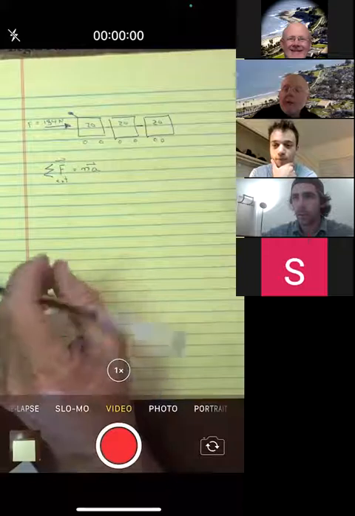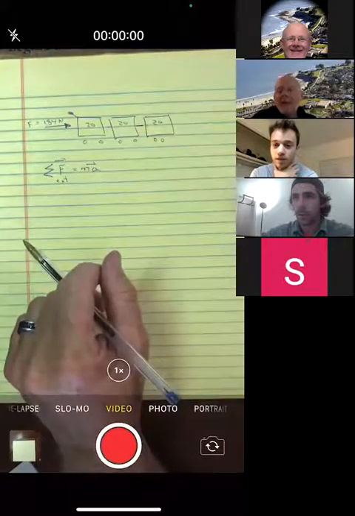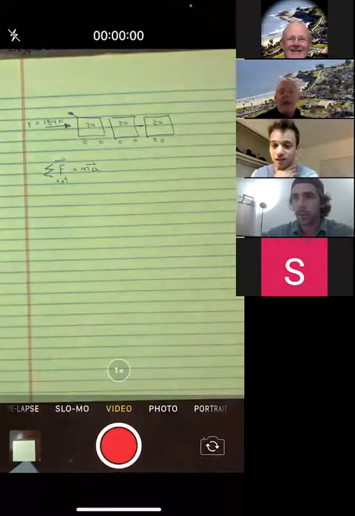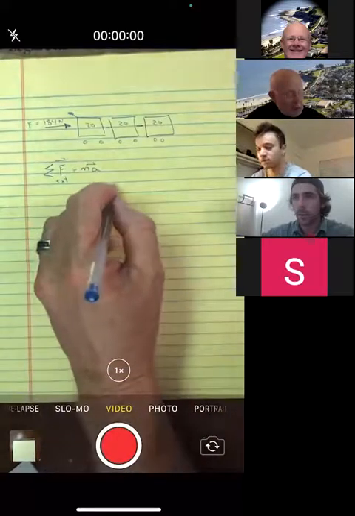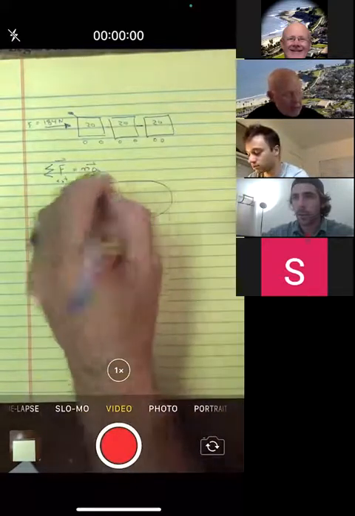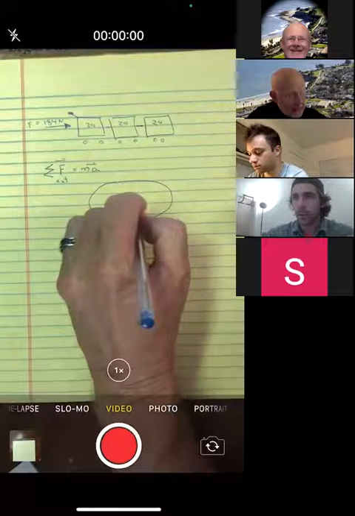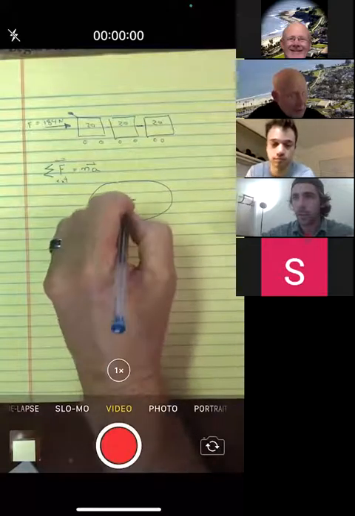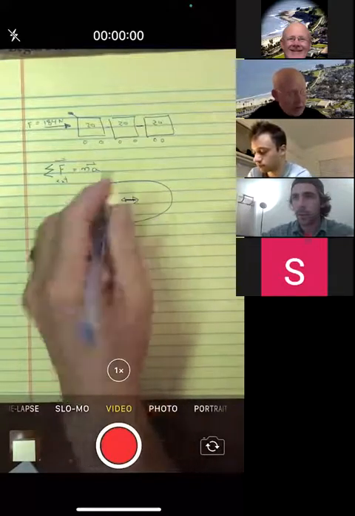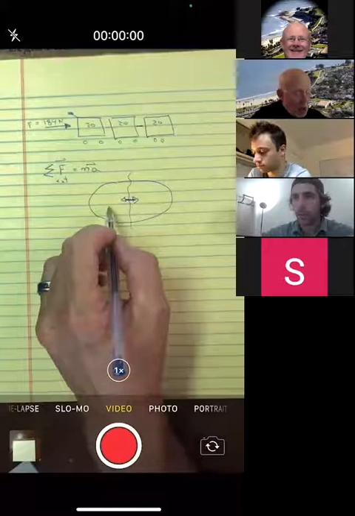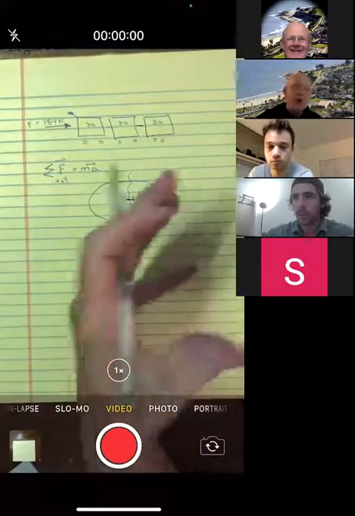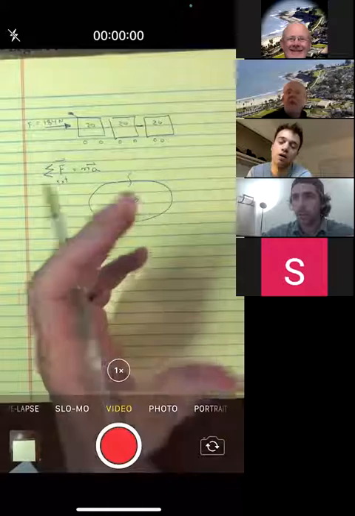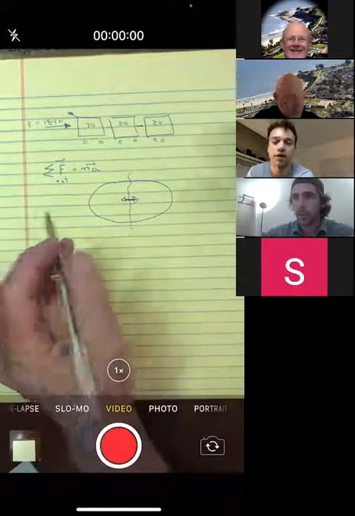Or rather, when you're summing all the forces, it's the exterior ones. If you had an object connected in some way, because of Newton's third law, you split it in half, one pushes and one pulls, and they're equal and opposite. So when you include the internal ones, they always come out to be 0. That makes sense.